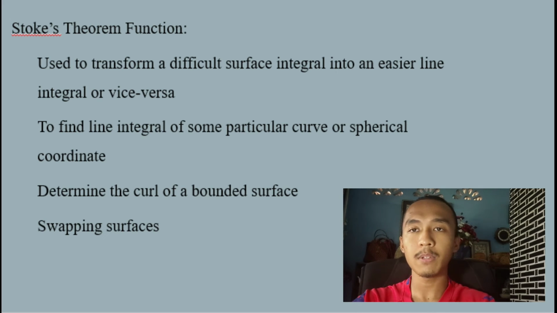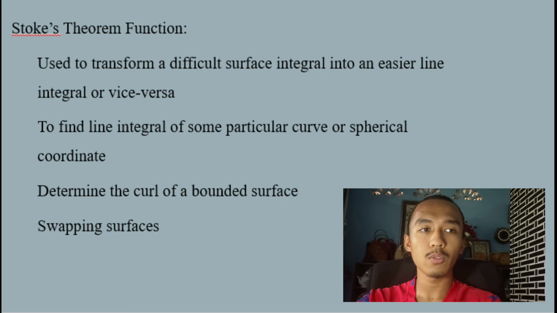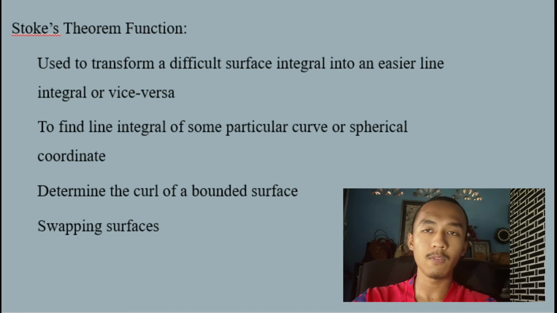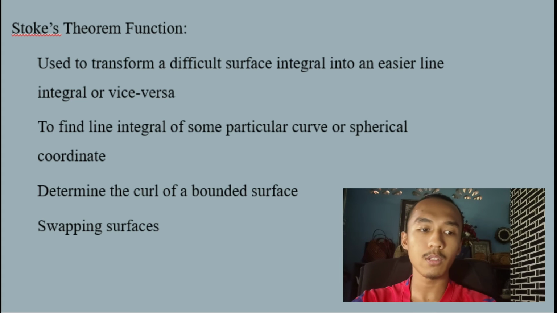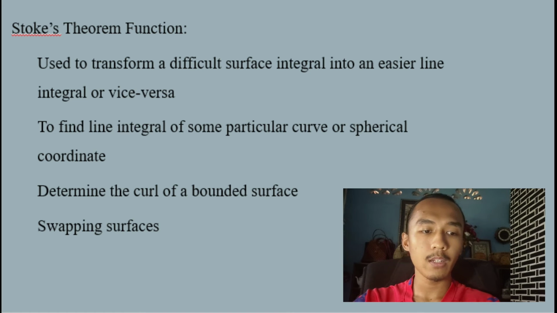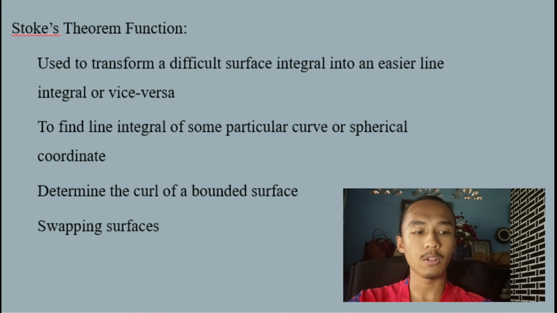So now after we have known all about Stokes theorem, I will talk about the function and application of Stokes theorem, especially in the electrical engineering field. Firstly, Stokes theorem is used to transform a difficult surface integral into an easier line integral or vice versa, where through Stokes theorem, a line integral can be evaluated using the simplest surface with that boundary. Second, to find the line integral of some particular curve, I can directly use Stokes theorem.